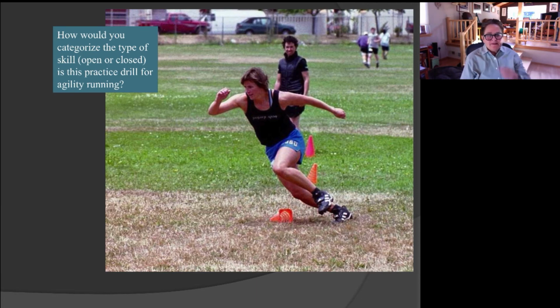So here's Sherry, a graduate of our undergrad and grad program. You've seen pictures of her in a football uniform. At any rate, how would you categorize the type of skill, open or closed, that is part of this agility drill that she's involved in here, running around these cones?